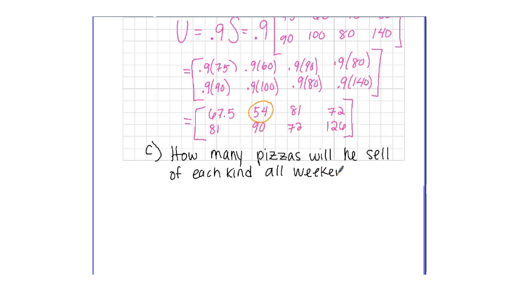So if you were thinking to yourself, okay, we have his data for Saturday in a matrix, we have his data for Sunday now, at least his projected Sunday sales in a matrix. So his total projected sales for the weekend we could find easily by doing our original S matrix plus our U matrix, so our Saturday matrix plus our Sunday matrix.